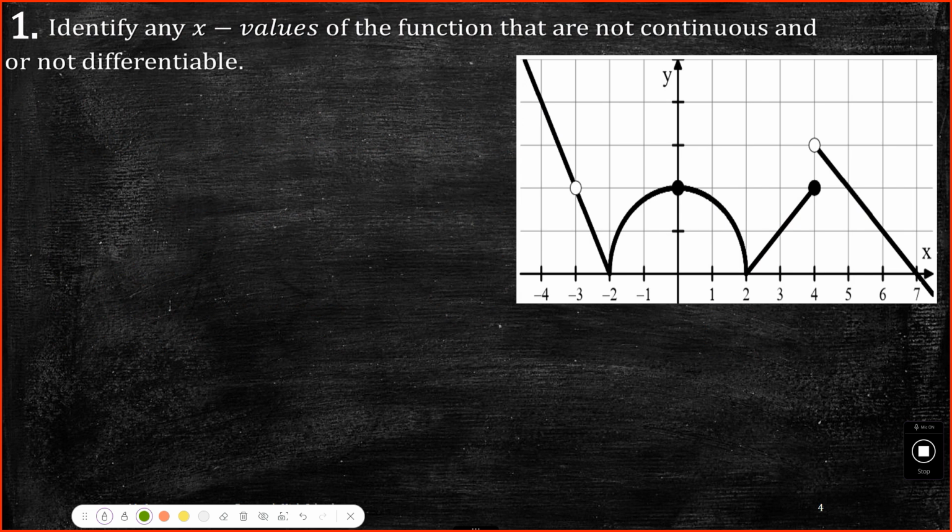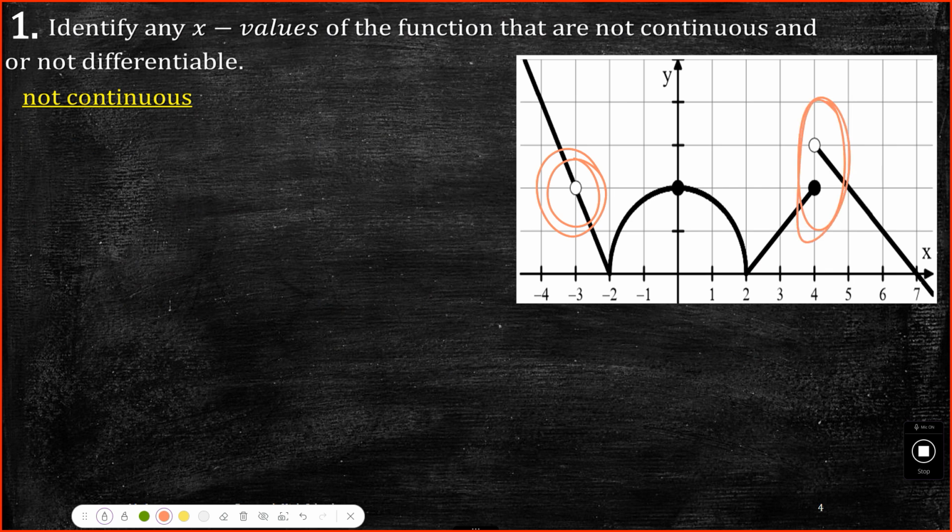Okay, so problem number 1. Identify any x values of the function that are not continuous or not differentiable. So where is it not continuous for this graph? We can already see that it is not continuous here, at x equals -3, and it is also not continuous here.